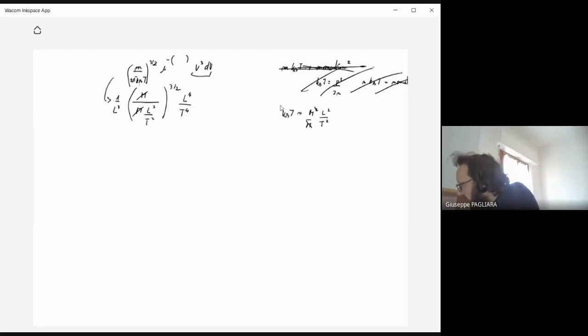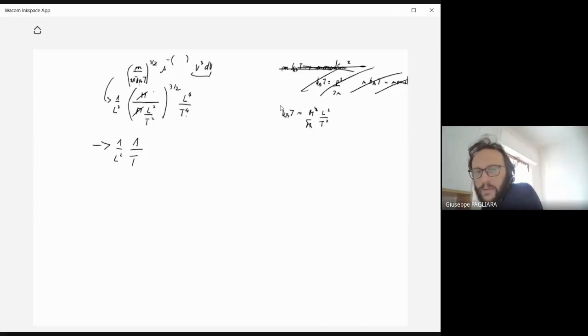Then I have, let me see here, L4, L3, so 1 over length squared, and then I have 1 over time, because this will be t to the power of 3 at the numerator, and then a t to the power of 4.